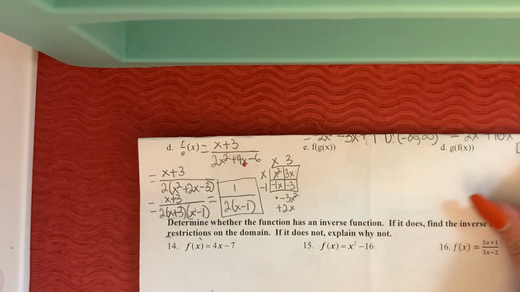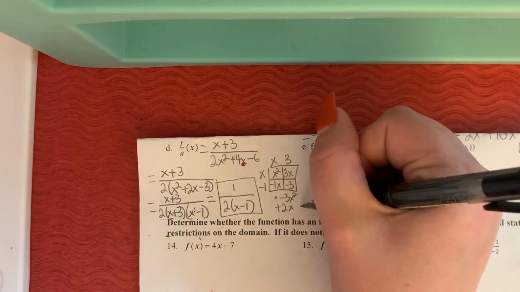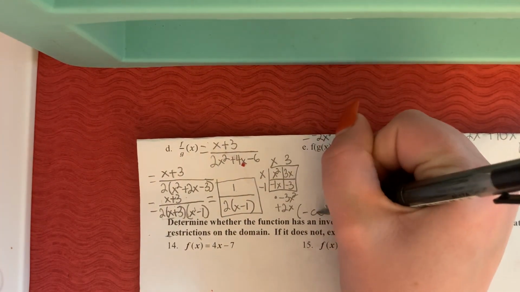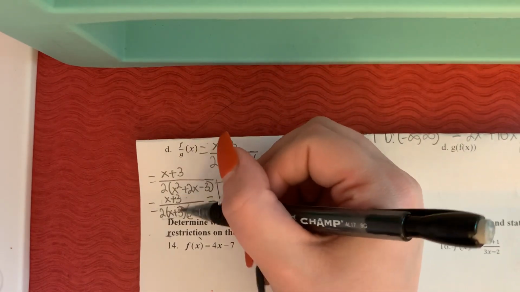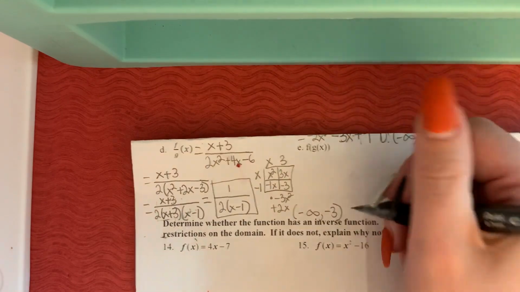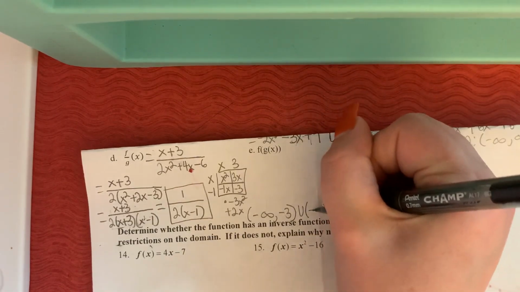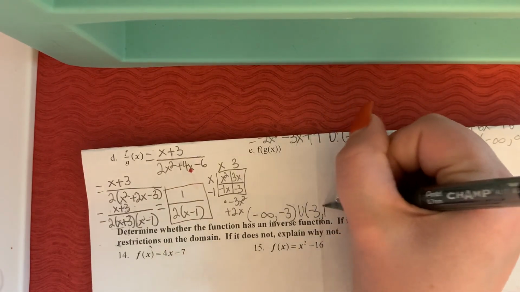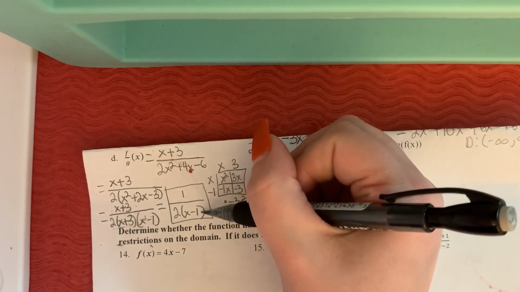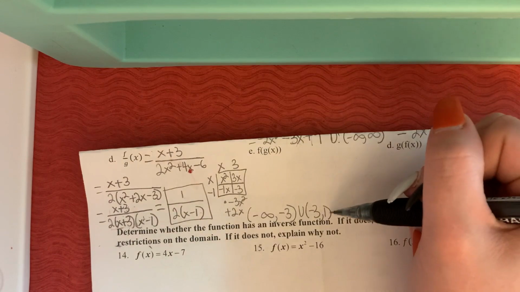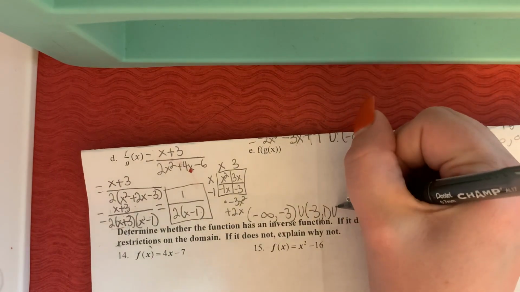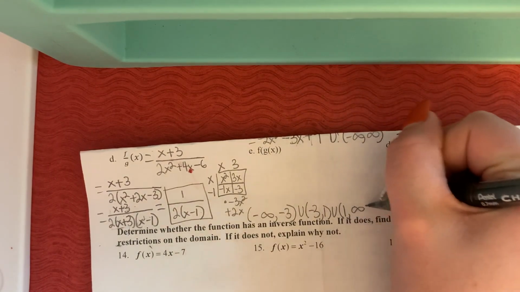So really our domain should be, and I'm going to kind of draw it over here, negative infinity to negative 3, because there's a hole at negative 3 due to these two factors canceling, union negative 3 to 1, because our denominator can't be 0, so that x minus 1 can't be equal to 0, so therefore x can't be 1, union 1 to infinity.